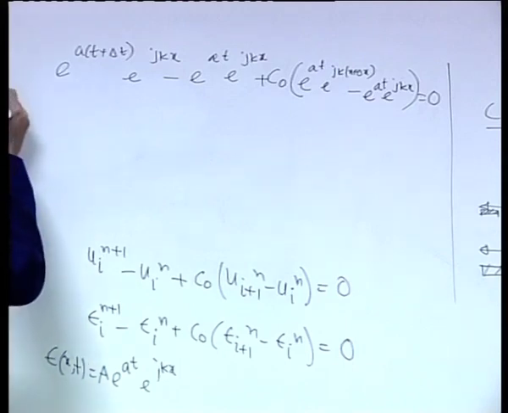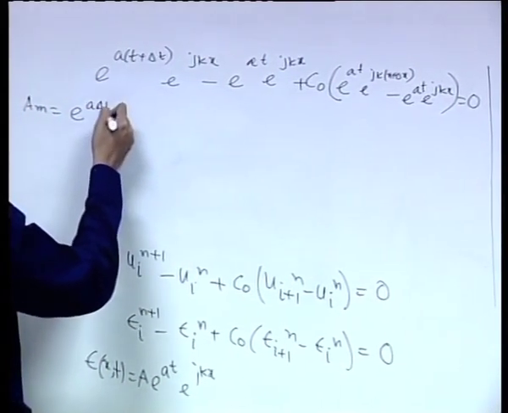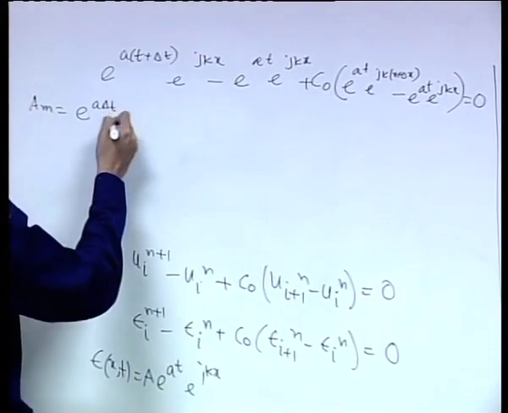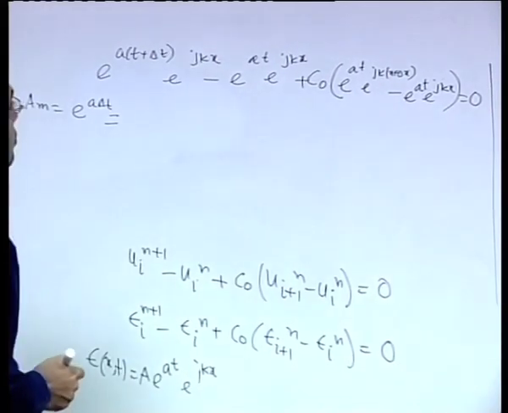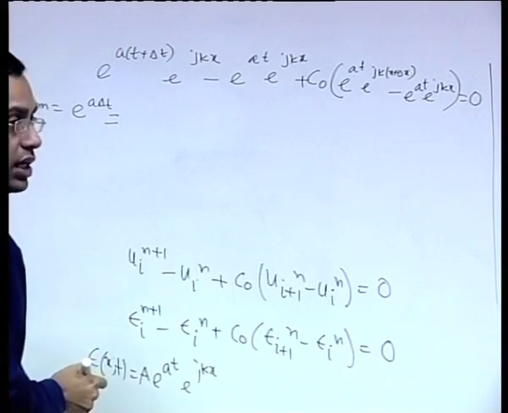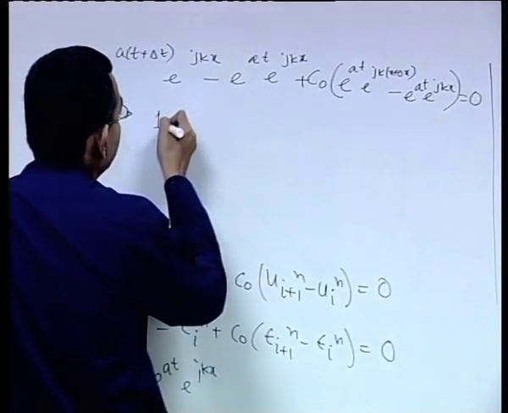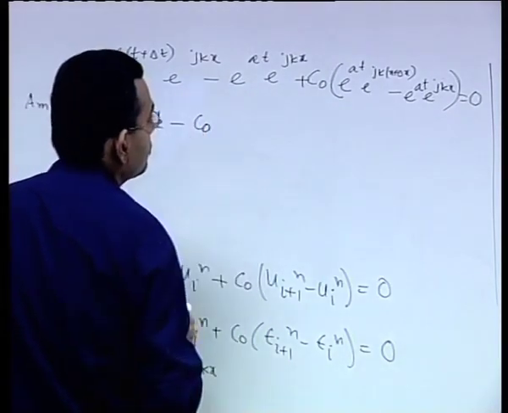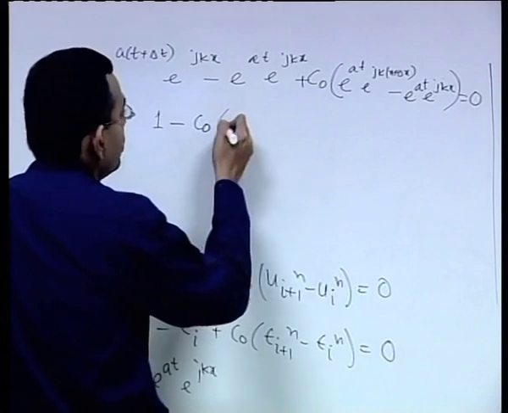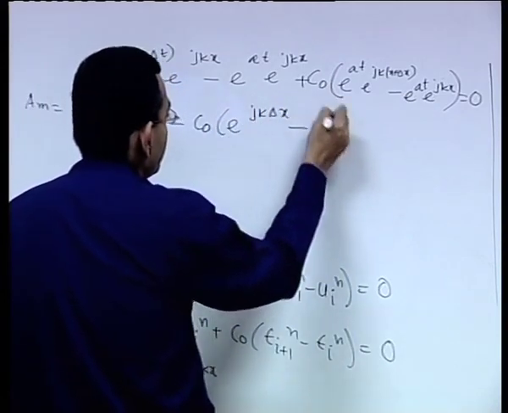So, the amplification factor is e to the power a delta t, which is equal to, so you divide all the terms by e to the power a t into e to the power j k x, it is equal to 1 minus Courant number into e to the power j k delta x minus 1.